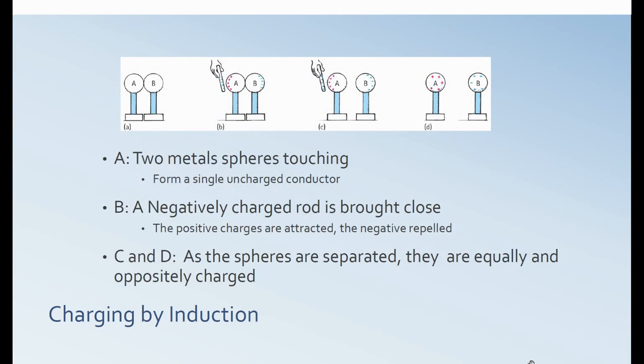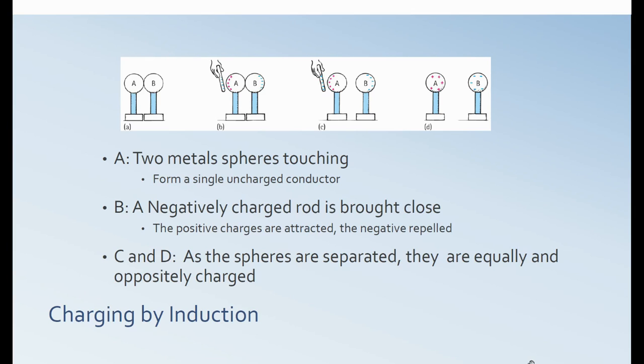And let's look a little bit more deeply at how this charging by induction can happen. Let's say in A, we have two metal spheres, and these two metal spheres would form a single uncharged conductor. And let's say now we bring a negatively charged rod close to these two spheres.